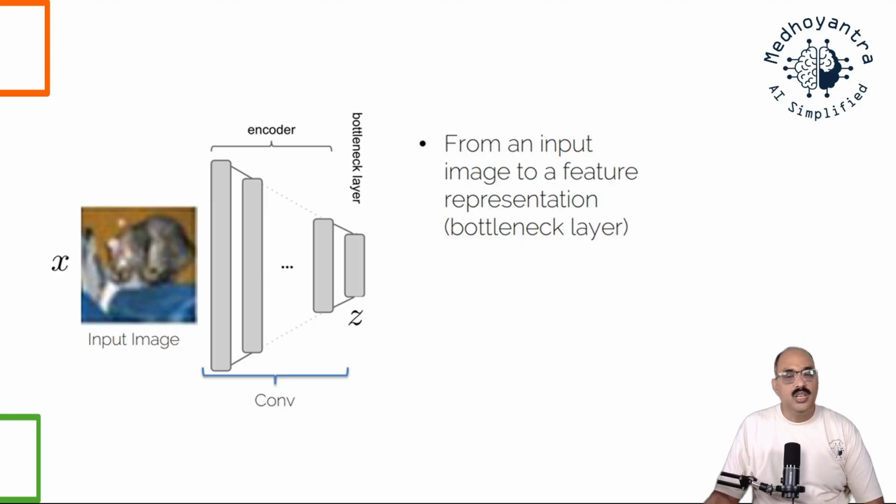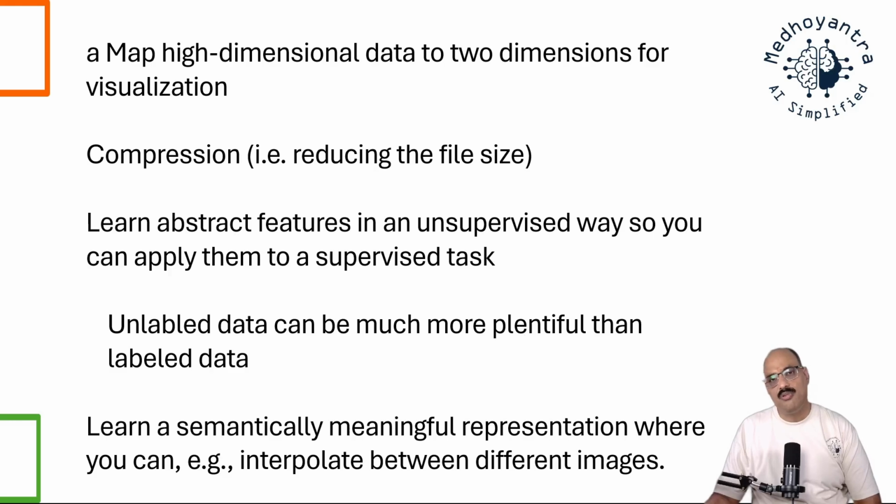When you encode, it becomes very easy to represent complicated images, or images with many objects or many perspectives, as a very small visualization. It will naturally compress the image and reduce file sizes.